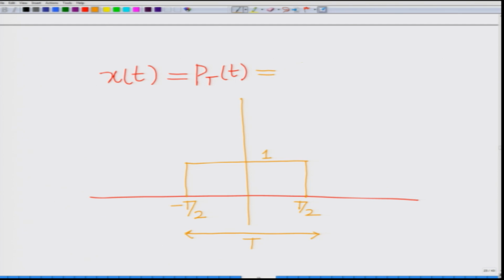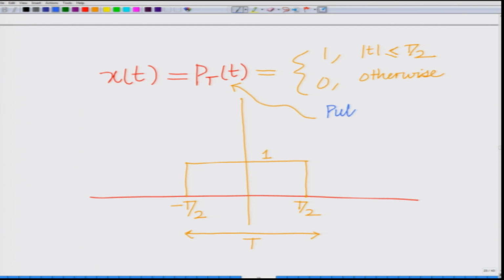So, this pulse p_T(t) is 1 for magnitude of t less than or equal to T by 2, that is t lying between minus T by 2 and T by 2, and 0 otherwise. All right. So, this is a pulse or a rectangular window. You can also say a pulse is nothing but a rectangular window.